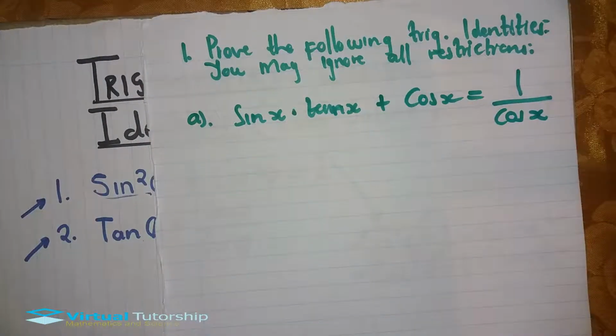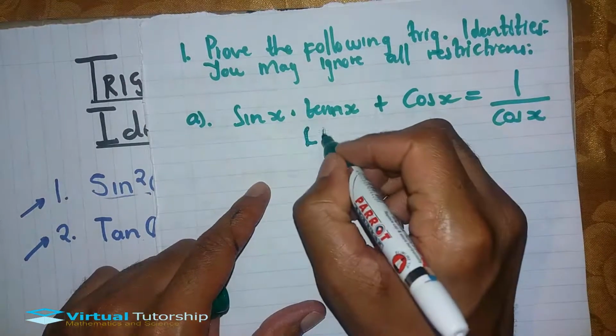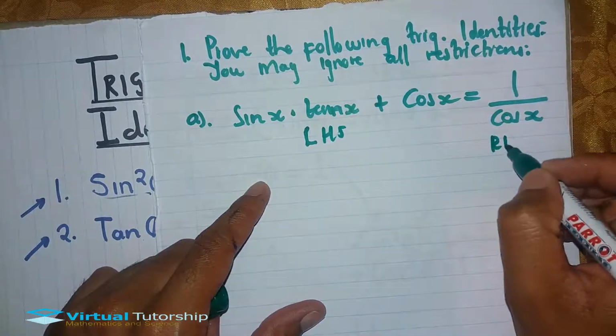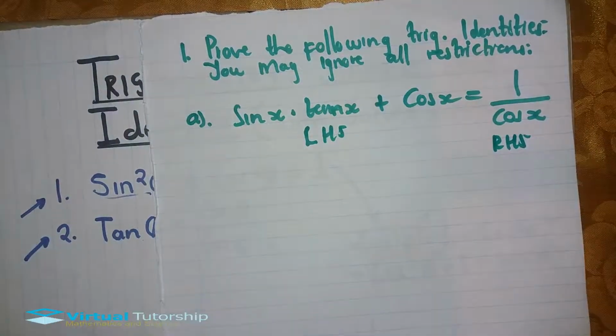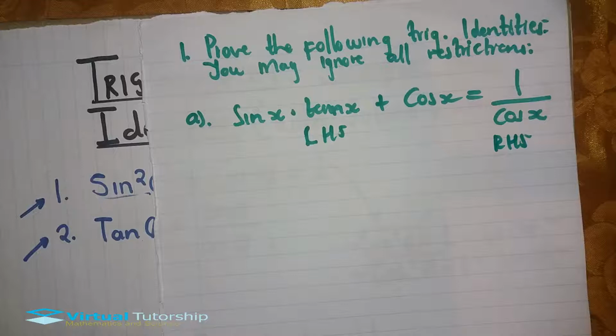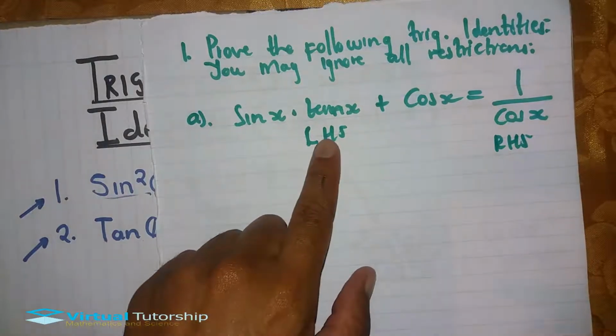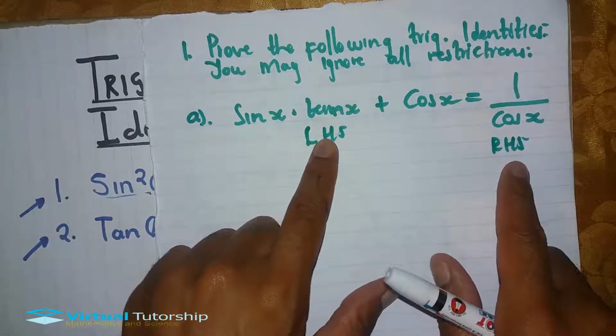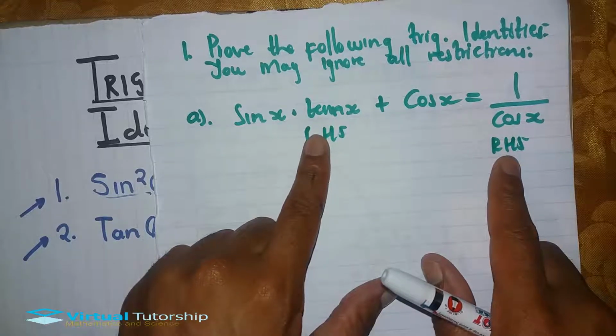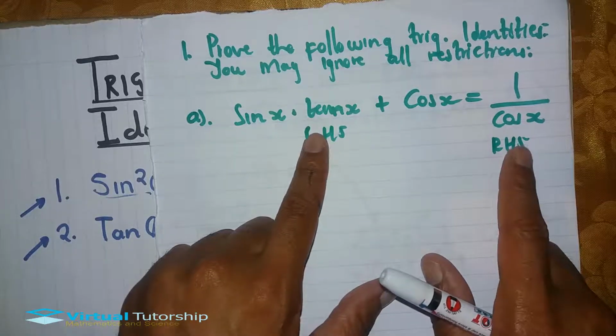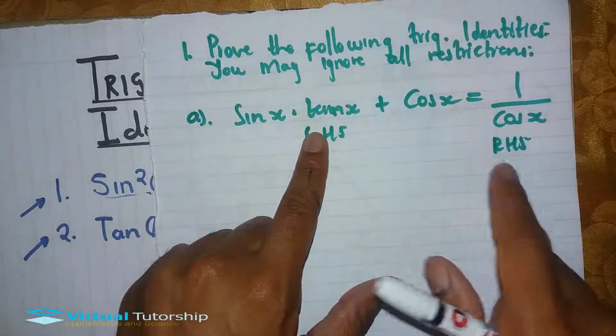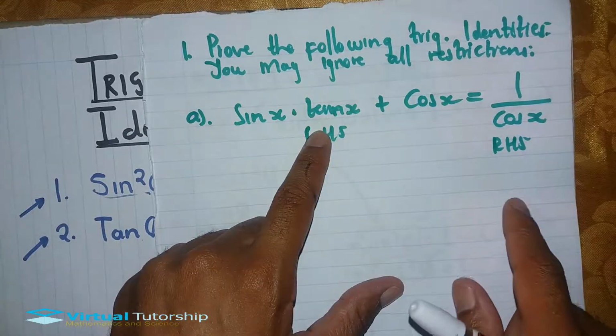Okay, before uzosolve ama trigonometric identities, pay attention to your left hand side and your right hand side. This is my left hand side and this is my right hand side, ne? After lapho compare the left and the right hand side, check ukuthi which one between the two is more complicated.